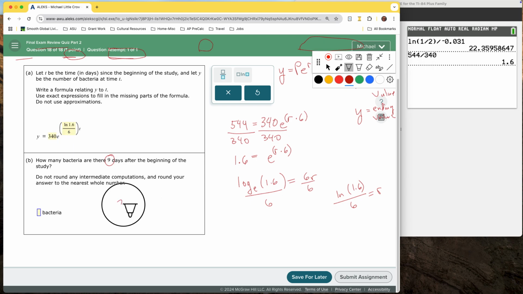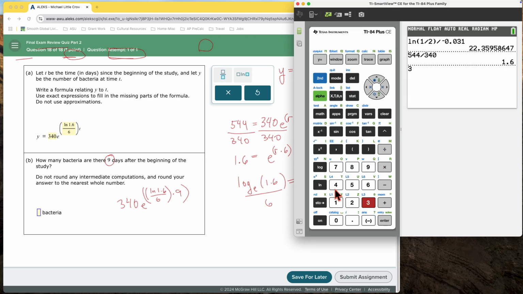What we're going to use is 340e to the natural log of 1.6 over 6 times 9. We'll just use it as is, and we just have to enter this into our calculator and we will get our answer.